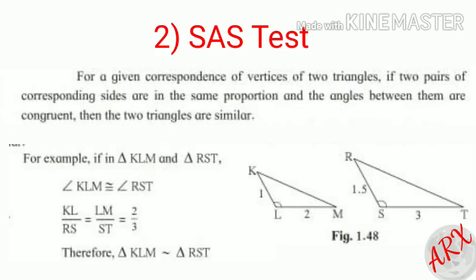For example, in triangle KLM and triangle RST, angle KLM congruent to angle RST and KL upon RS equal to LM upon ST, both the proportions are equal to 2 upon 3. Hence, triangle KLM is similar to triangle RST by SAS test.